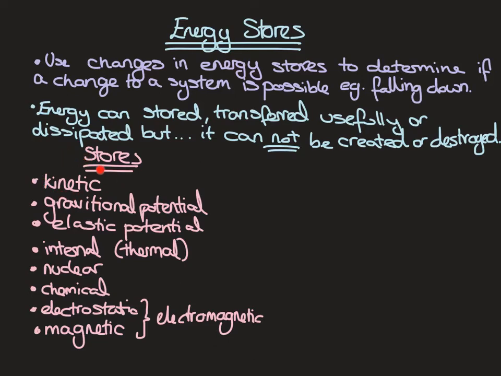So we've got the kinetic store of energy, which is the store of energy something has if it's moving. The gravitational store of energy, which is the store of energy if something has been raised up and is able to fall down. We've got the elastic potential store of energy, so that's the energy that would be stored in a system if it's being compressed or extended.